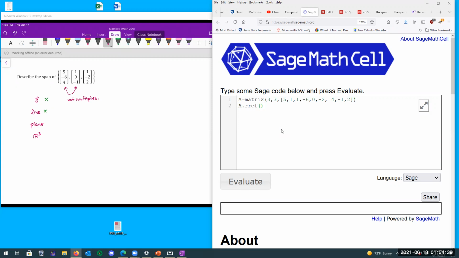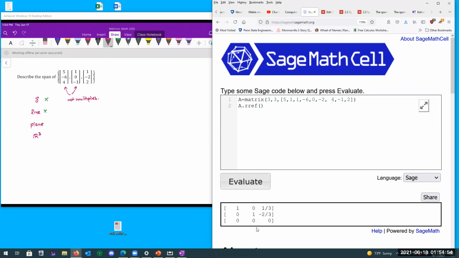If we see that this reduced row echelon form is the identity, in particular, if there are no rows of all zeros, then we'll know that we can write every vector as a linear combination of these three. But we see there's a row of all zeros.